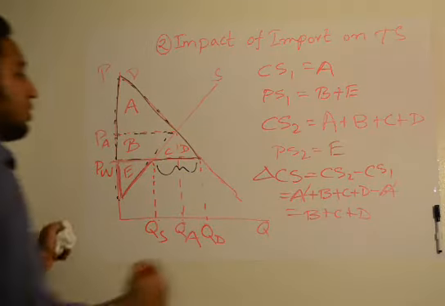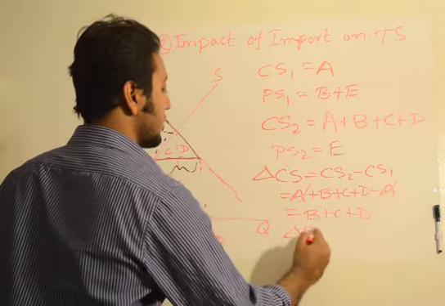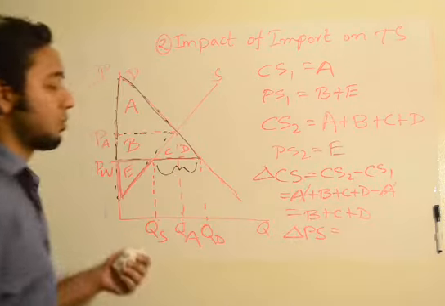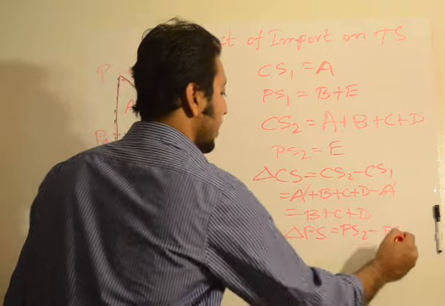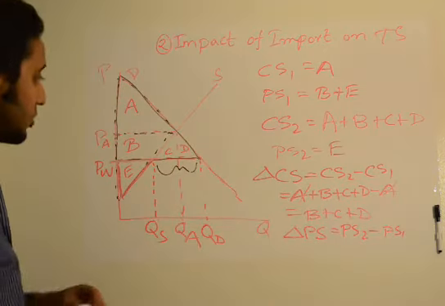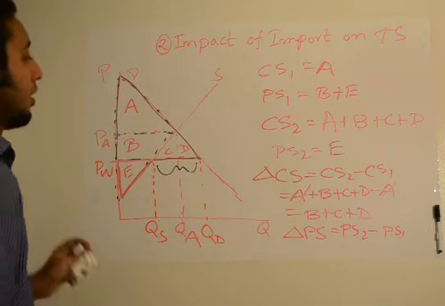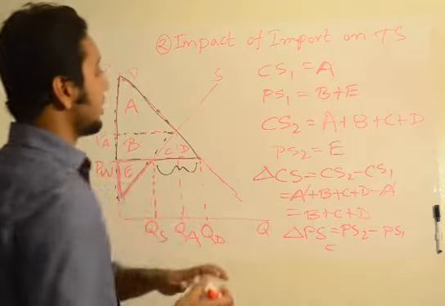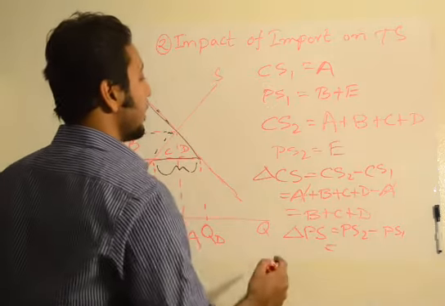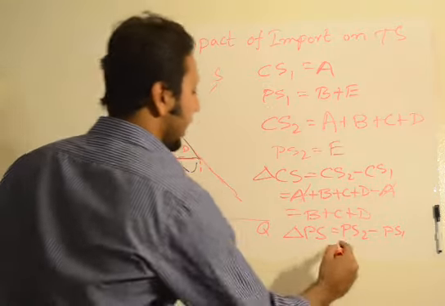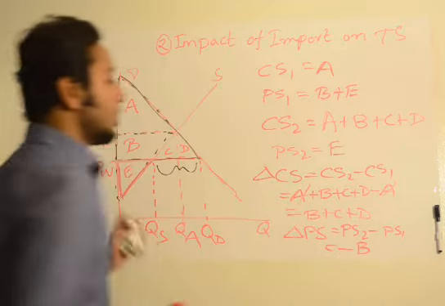What about the change in producer surplus? Change in producer surplus is PS2 minus PS1. I'm running out of space, but let's try to fit it in. So we're subtracting PS1 from PS2, so we should be left with negative B.